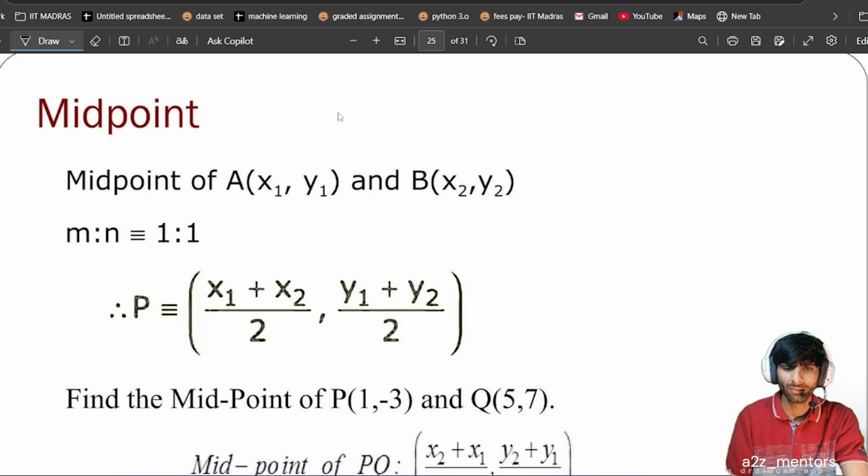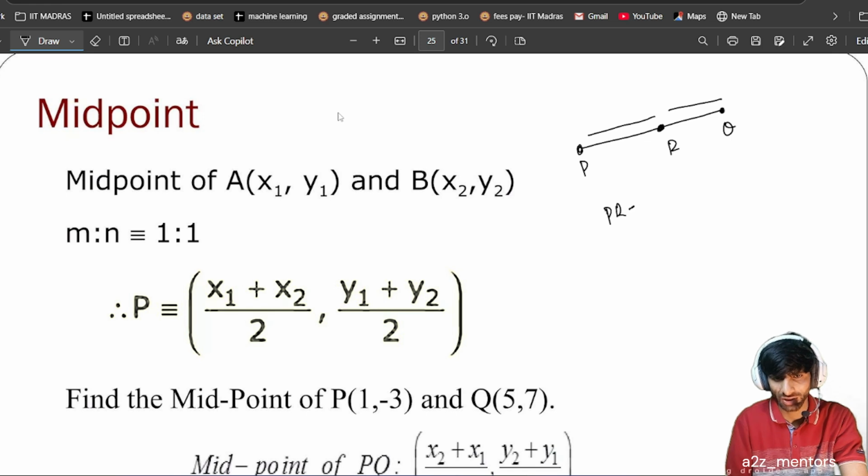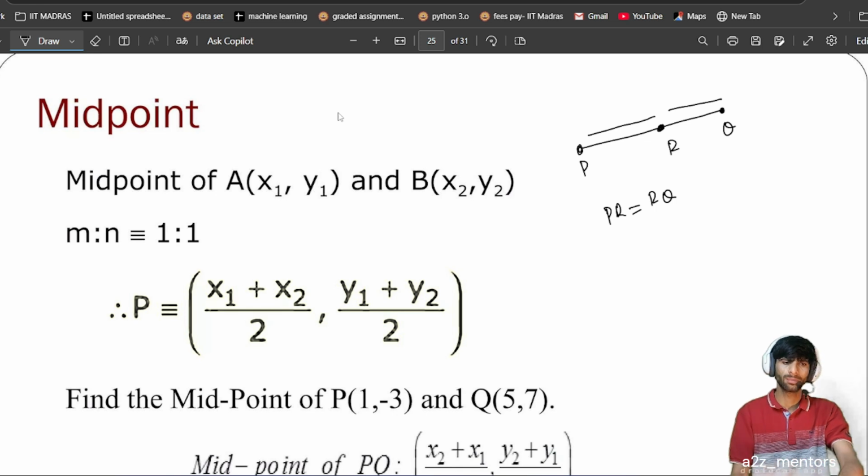Midpoint is actually, if you draw a line, exactly the point which will divide the line into two equal lengths. So this is P, this is Q, and this is R, such that PR must be equal to RQ. Now what's the formula for this?